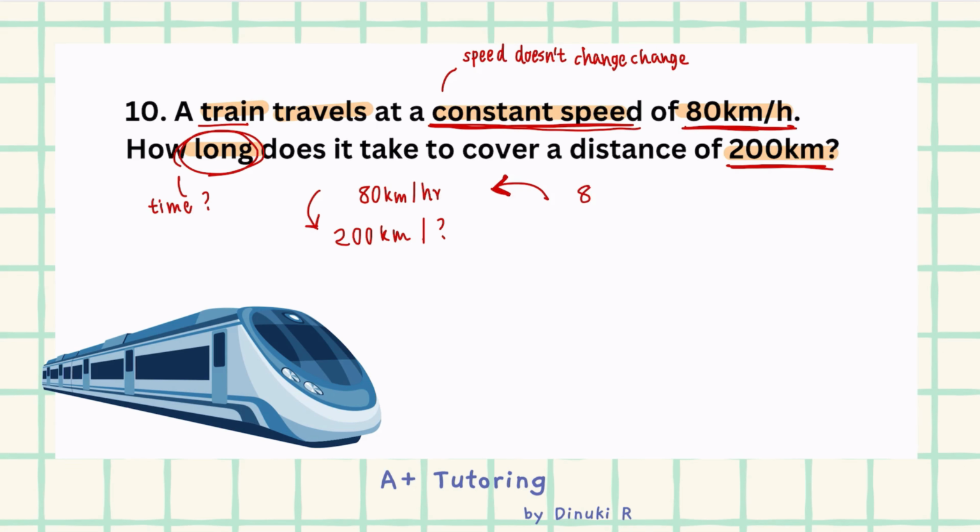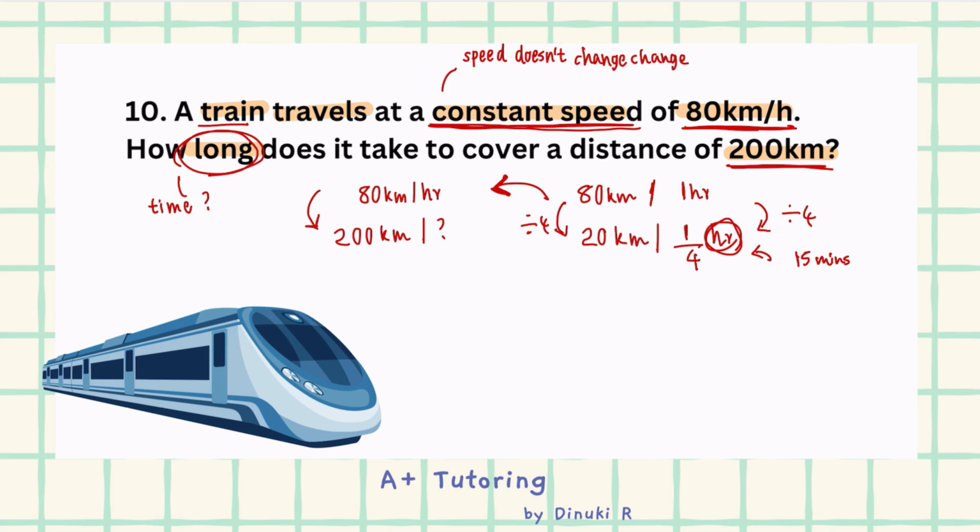So 80 kilometers for 1 hour, right? If we're dealing with 20 kilometers, then how long is it going to take? A quarter of an hour, yeah? Because we're dividing this side by 4. We need to divide this side by 4. So 1 hour becomes a quarter hour, or 15 minutes.